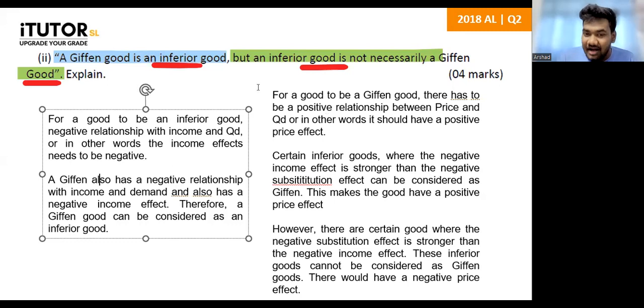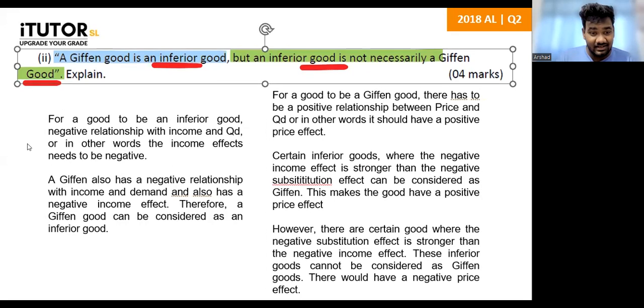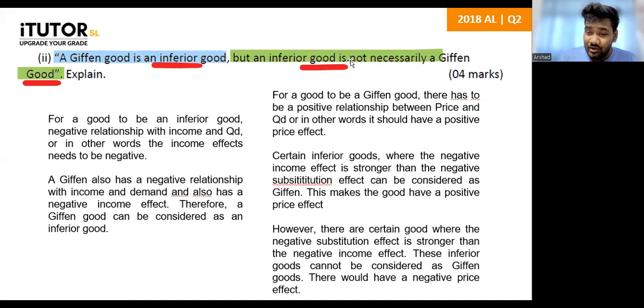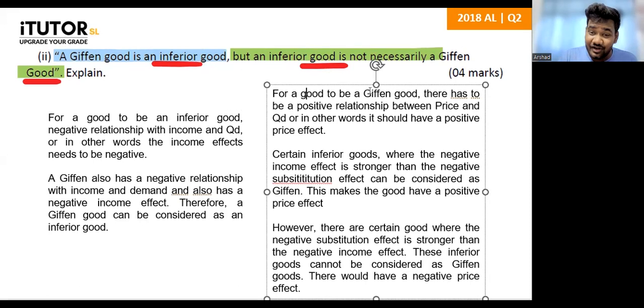The second part of this question is saying that an inferior good is not necessarily a given good. That is also correct. All inferior goods don't have to be given goods. So what is the condition for a good to be a given good? There has to be a positive relationship between price and QD. In other words, there has to be a positive price effect.